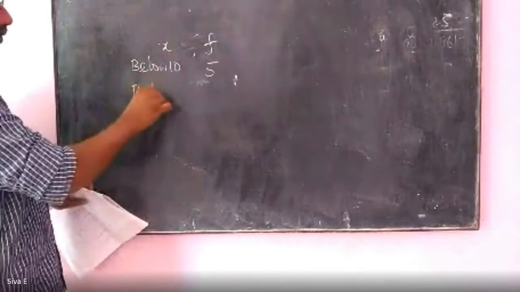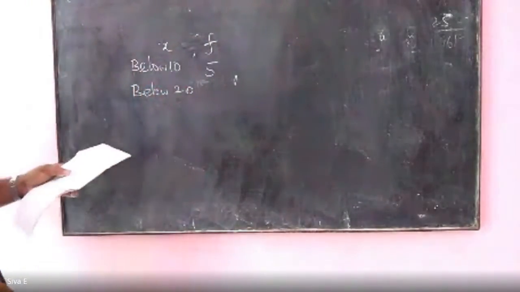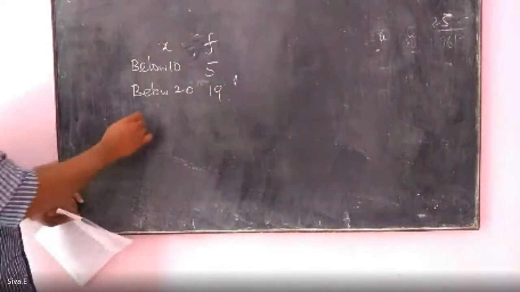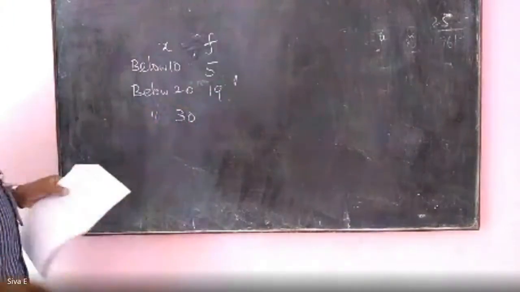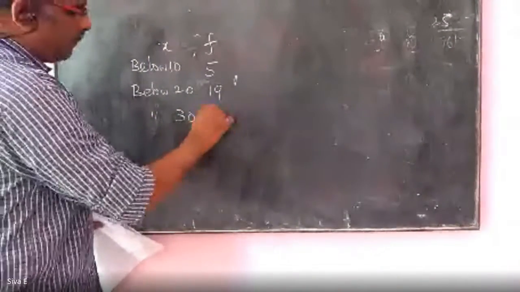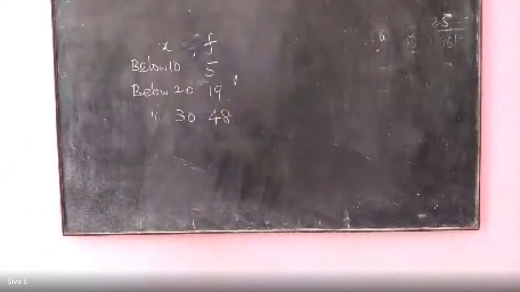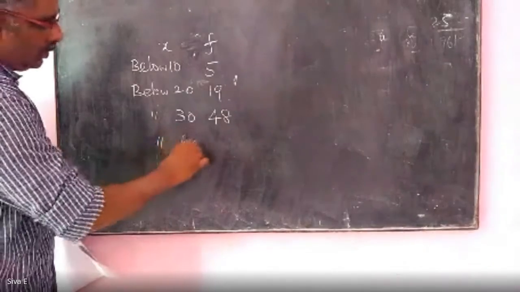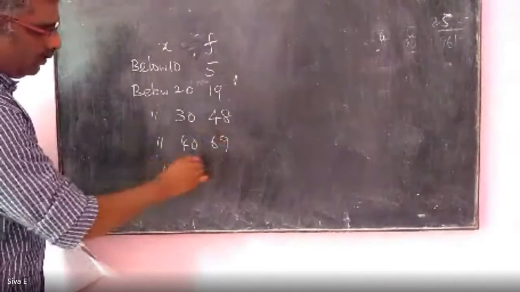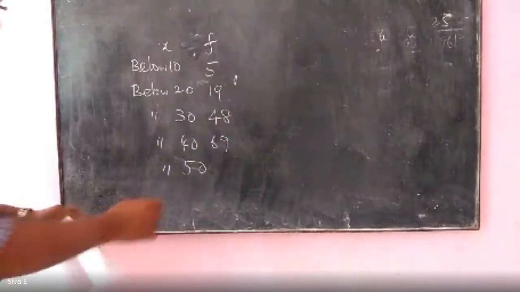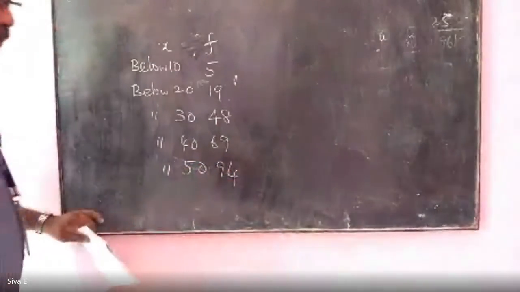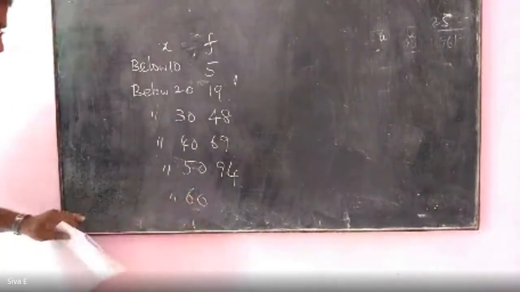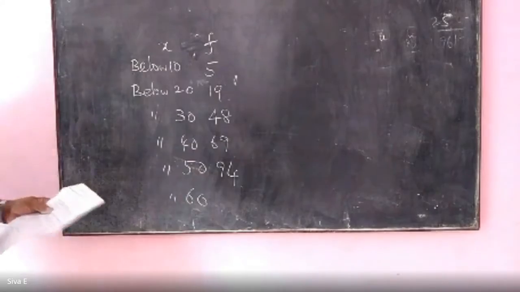Below 20, 19. Below 30, 48. Below 40, 69. Below 50, 94. Below 60, 115.